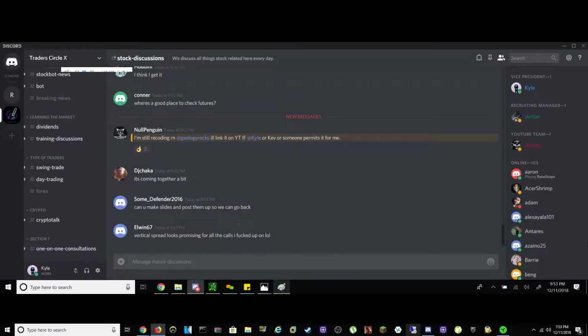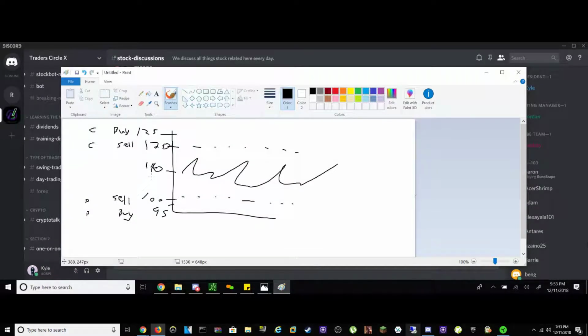And again, I'm just learning this, so if I say something wrong, please correct me. But okay, so you're selling this at two different strike prices. Remember that. It has to be two different ones, and you want to keep them the same distance.